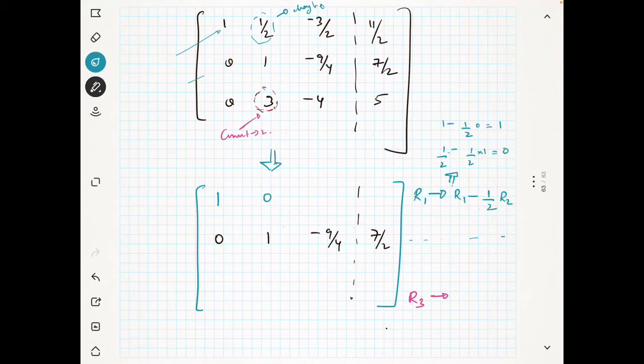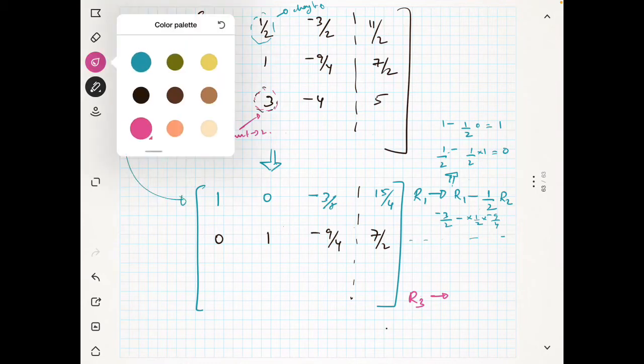So this becomes 0 now, right? Similarly, row 1 is minus 3 by 2 minus half of row 2. Row 2 is minus 9 by 4. So you will get this answer as minus 3 by 8. Okay, similarly you will get here 15 by 4. So that's it. Now you see this is changed here.